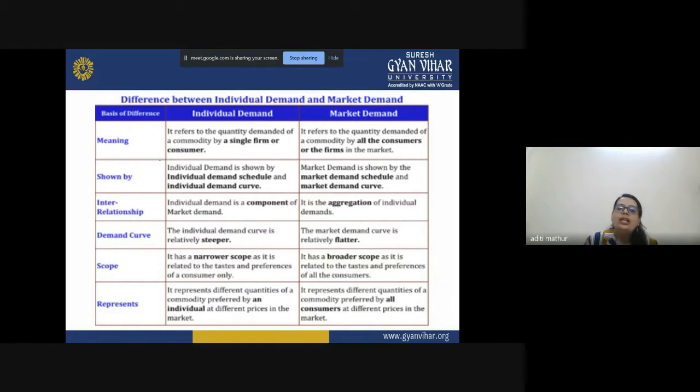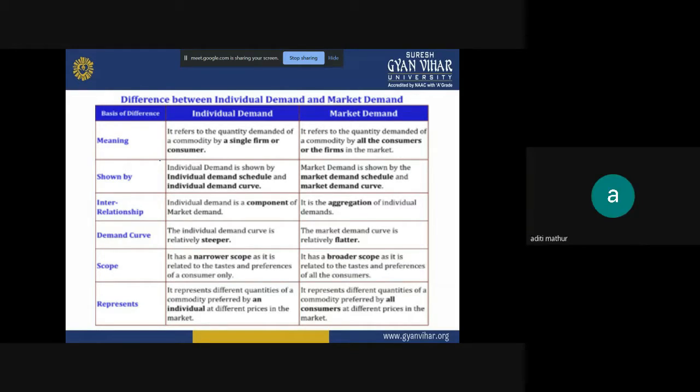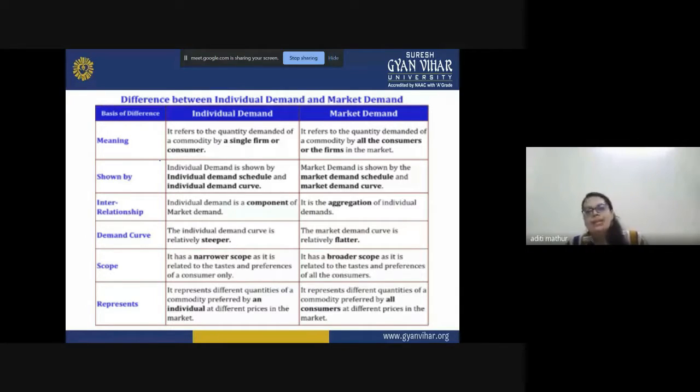Individual demand is shown by the individual demand schedule and individual demand curve. Market demand is shown by the market demand schedule and market demand curve. Individual demand is a component of market demand, whereas market demand is the aggregation of all the individual demands.